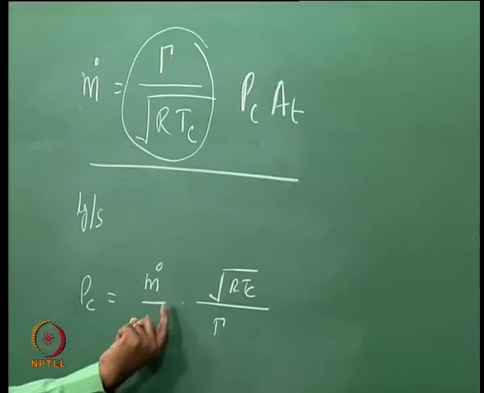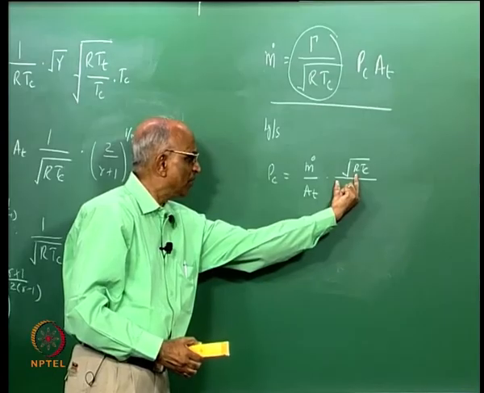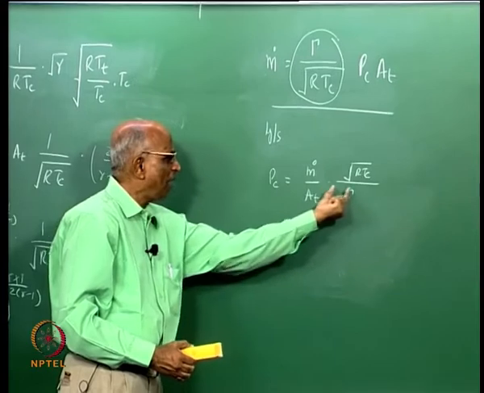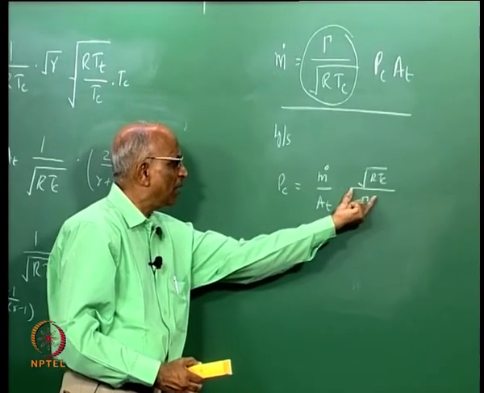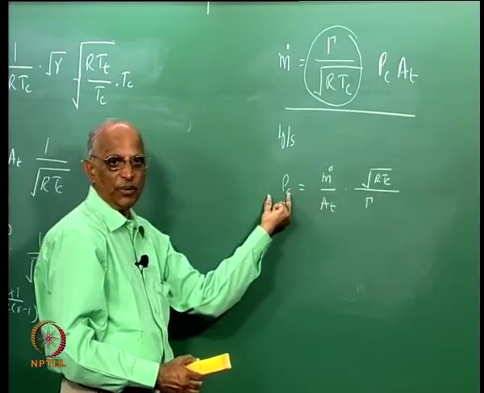For a given mass flux through the nozzle, this represents something like a transfer function which will give me the chamber pressure. That means RTC by gamma is something like a function which converts the mass flux into pressure.